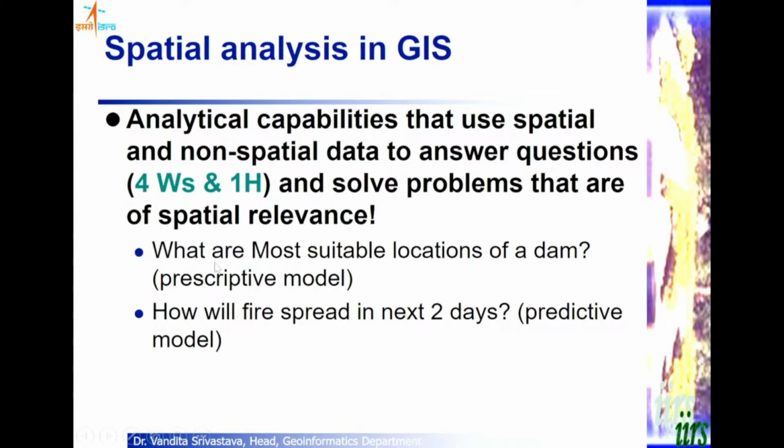So when I say what are the most suitable locations for constructing a school or constructing a dam, then I am trying to prescribe a model. So this is called prescriptive modeling, or how the fire will progress in space and in time in the next 2 days if it is ignited at a particular point. So we are trying to predict in space and in time. So this is called predictive modeling.